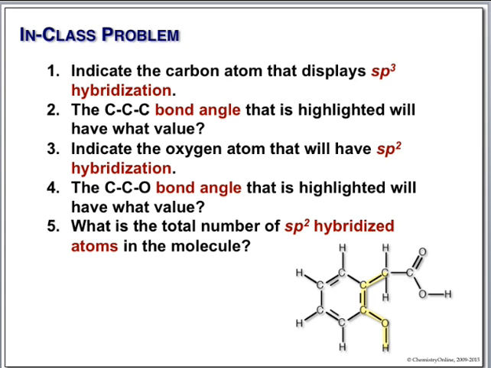This guy is a carbon-oxygen double bond, which means that the carbon is sp2, and so is the oxygen. We will refer to a carbon-oxygen double bond as a carbonyl. And carbonyls undergo a whole set of very characteristic reactions.